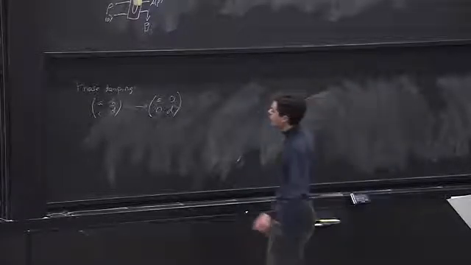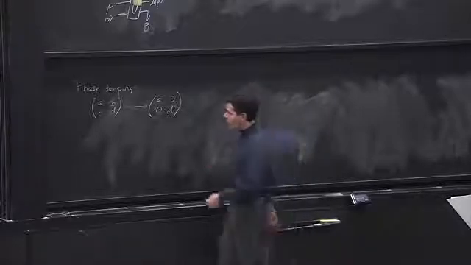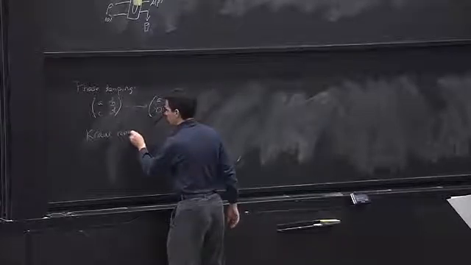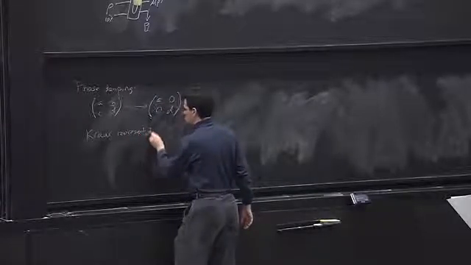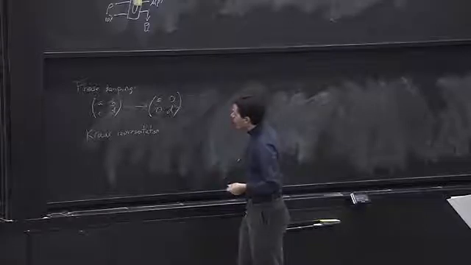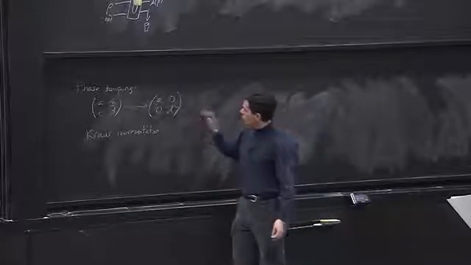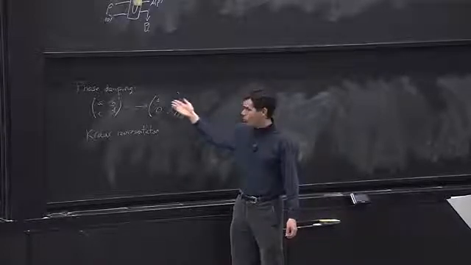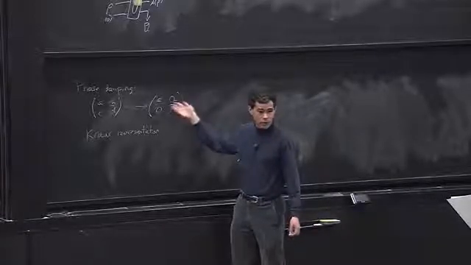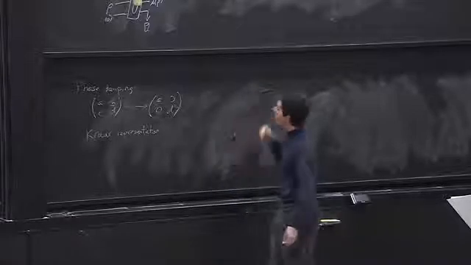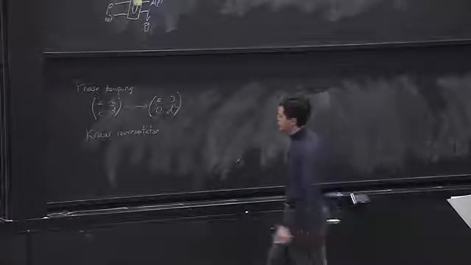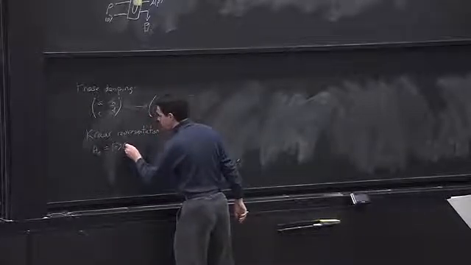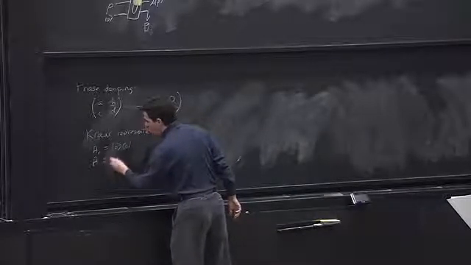The Kraus representation, well, there's one obvious Kraus representation. Basically what we're doing is a measurement here of whether it's 0 or 1. That will also kill the off-diagonal density matrix elements. So we can let A0 be the projection on 0, and A1 be the projection on 1.